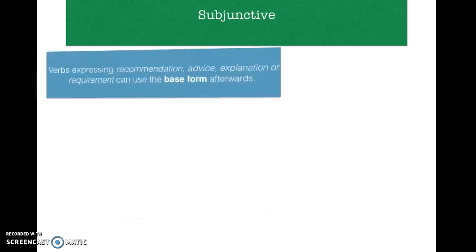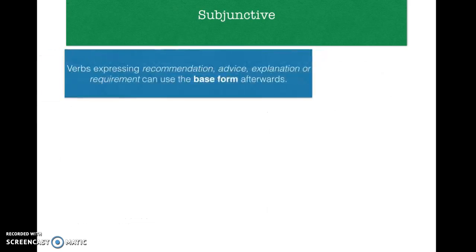Okay, subjunctive. A little bit tricky this. Other special verbs, any verbs expressing recommendation, advice, explanation, or requirement, use the base form afterwards. Okay, let's see what this means. So he suggested that John be the leader.